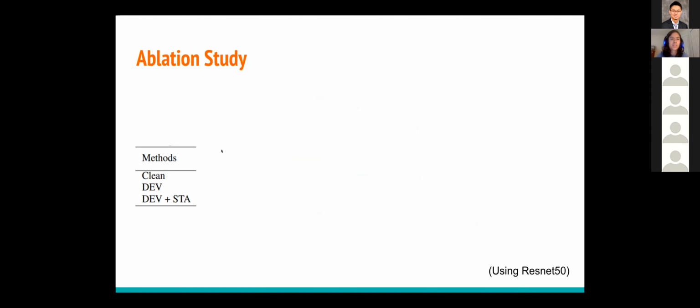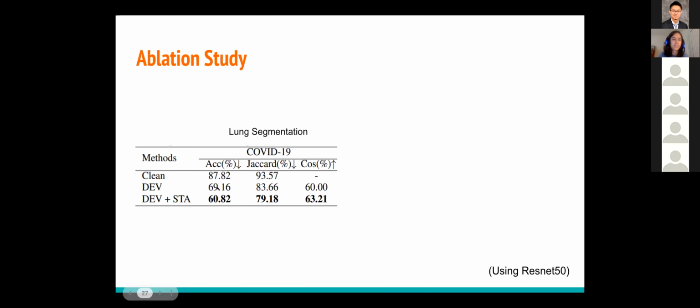The authors performed an ablation study where they compared deviation and deviation plus the stabilization term. The clean method is just the input using the ResNet 50 with no augmentation. So using the stabilization term, we get worse performance, which is what we're trying to do.